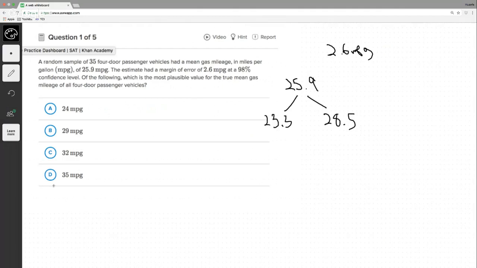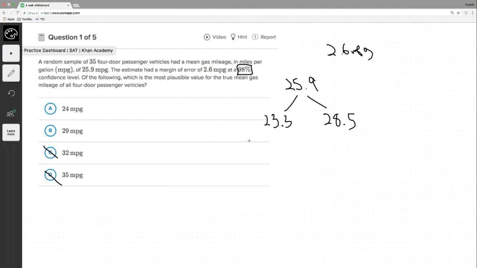So my guess is I would knock these two guys out right now. And the 98%, I don't even know how this factors in, because this is kind of throwing me off. Like, hey, if it's 98% confidence, but it could swing either way equally drastically. 98%, 2.6. Gosh, how do I approach this?